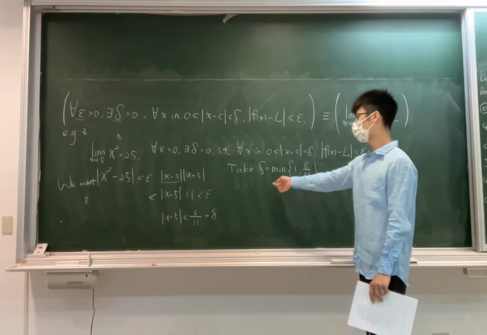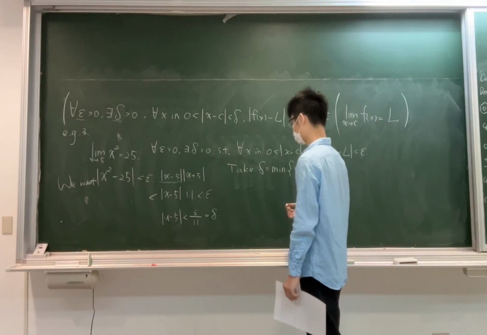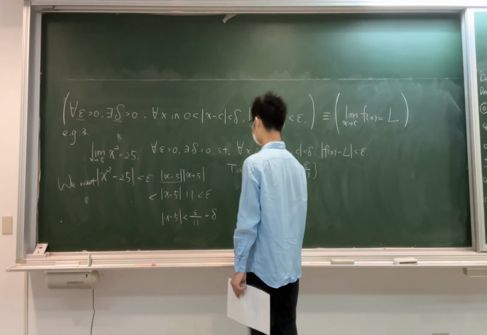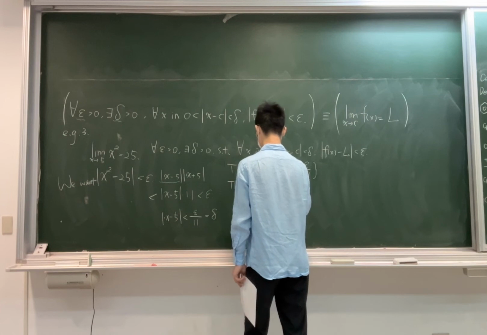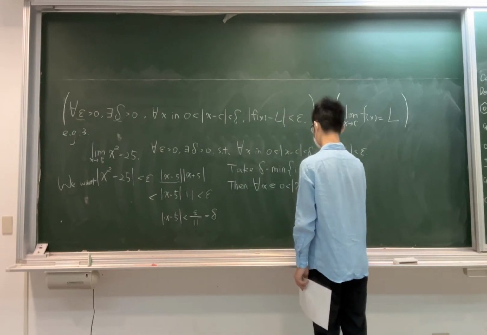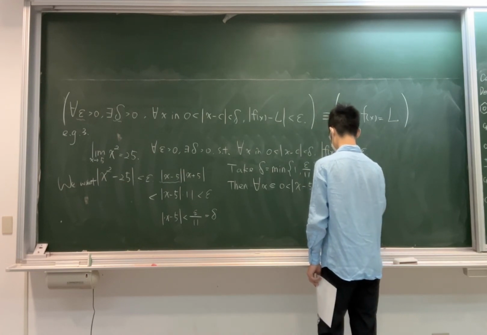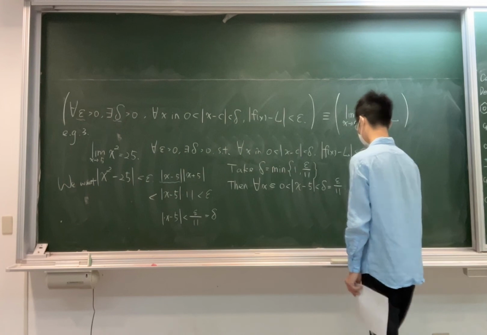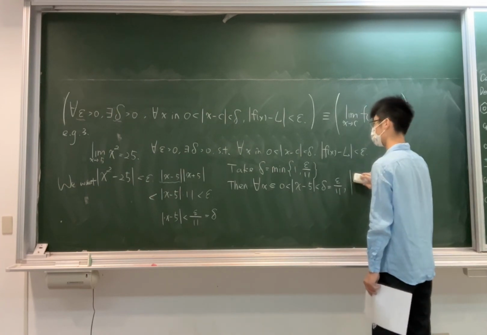So if you take delta equal to the minimum of 1 and epsilon over 11, then for all x in this inequality, less than delta, then this inequality will be satisfied as well.